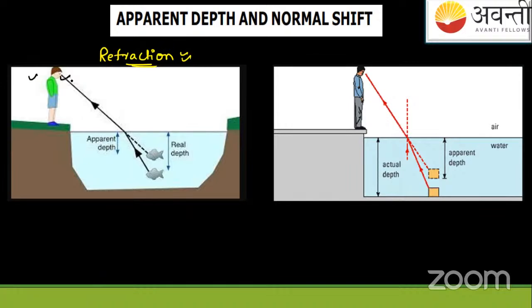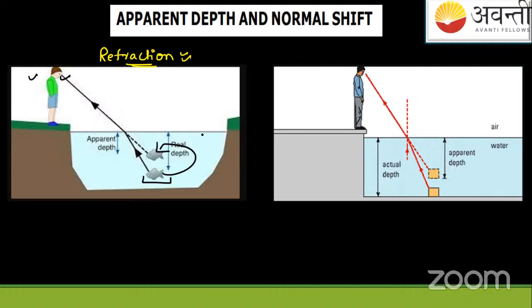Suppose you're standing on the boundary of some rock, and there's a pond here. The fish's actual location is shown by this black color. But what you will observe is that the fish appears higher up, not at this depth.